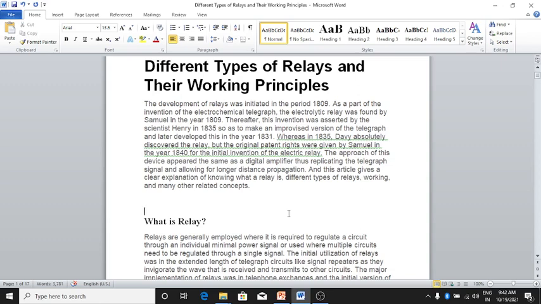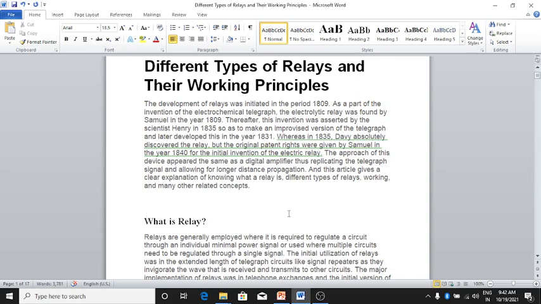Now, the history of relay: the development of the relay was initiated in the period 1809 as a part of the intention of the electromechanical telegraph. The electrolytic relay was found by Simul in the year 1809.